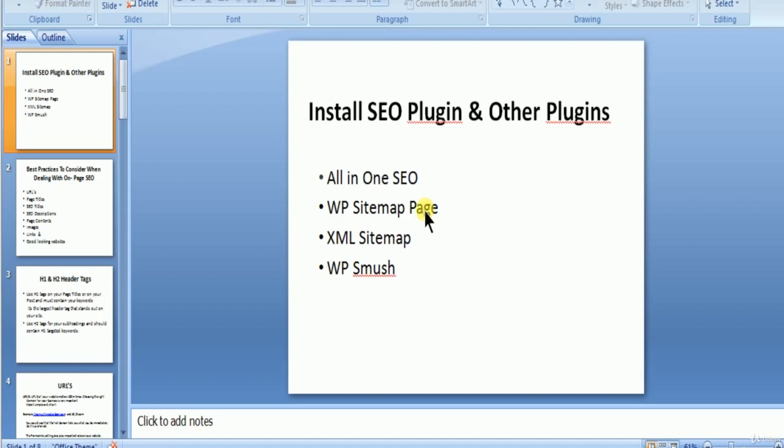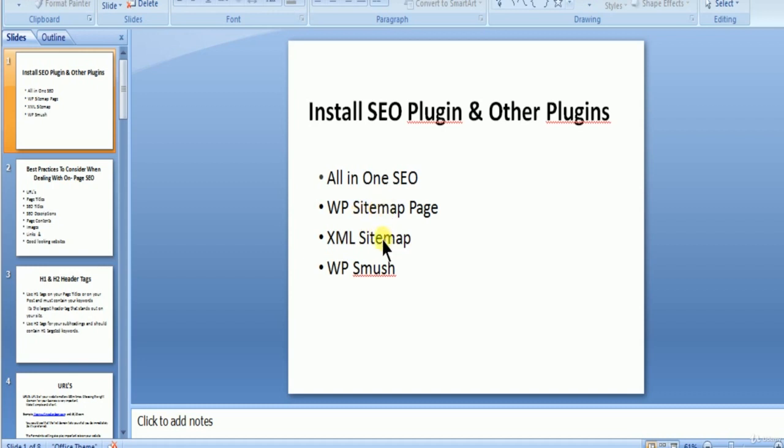It does not really boost your search rankings, but rather allows search engines to crawl your website, especially when search engines did not see the page you have created. With the XML sitemap, it will tell search engines that such a page exists. So that's why it's important you put your sitemap page.